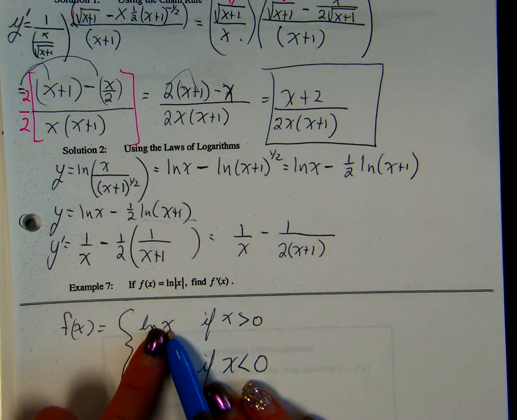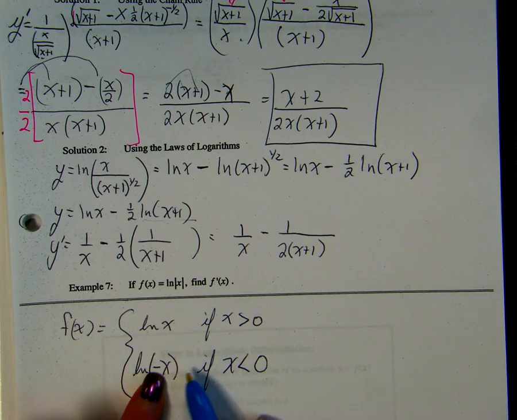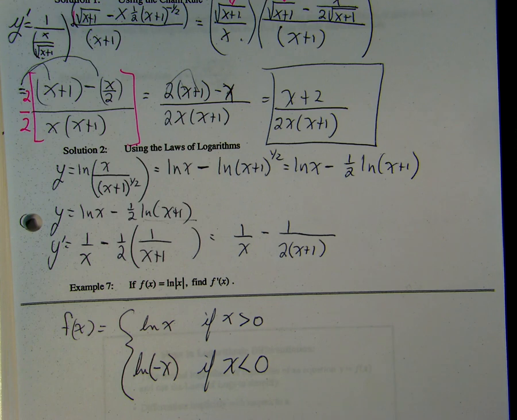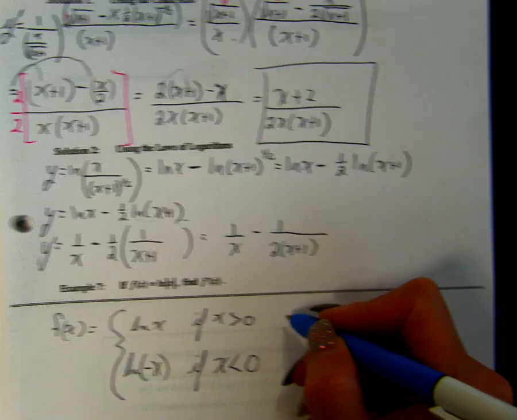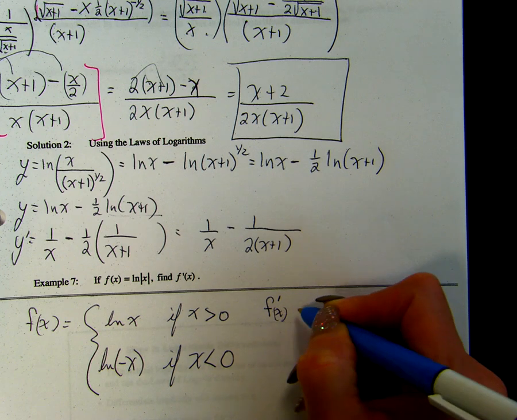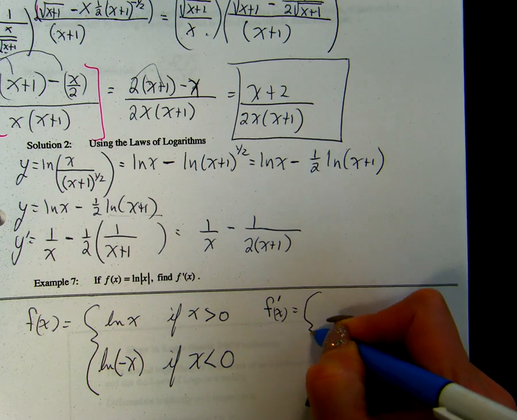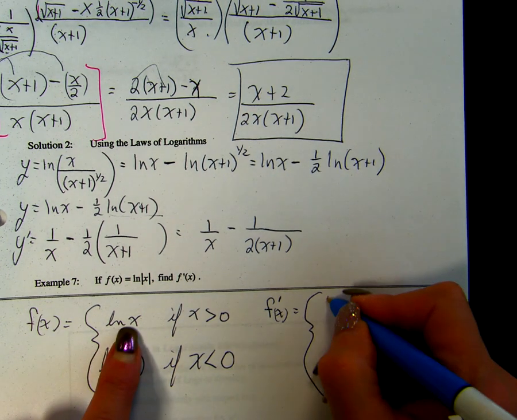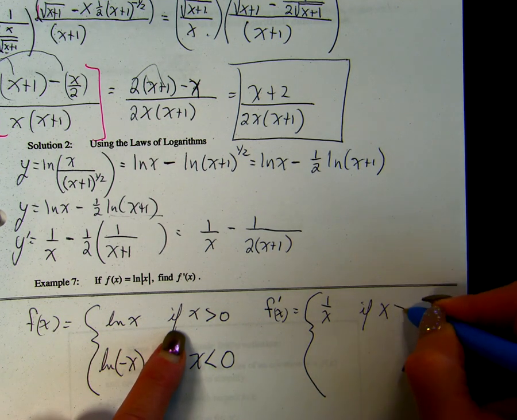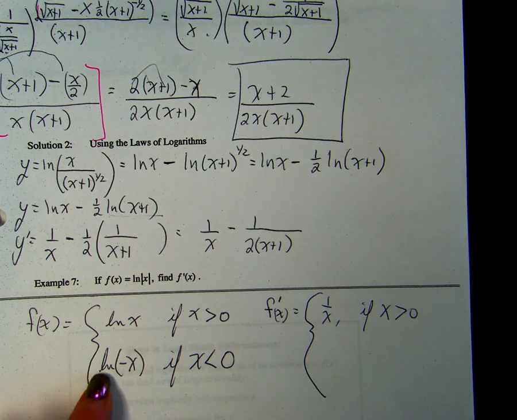Okay, so absolute value means you just use the number if it's positive and you take the negative of the number if it's negative, so that you turn it positive. Okay, so piecewise defined function has a piecewise defined derivative. What's f prime at x? Well, the derivative of ln x is 1 over x, if x is greater than 0.